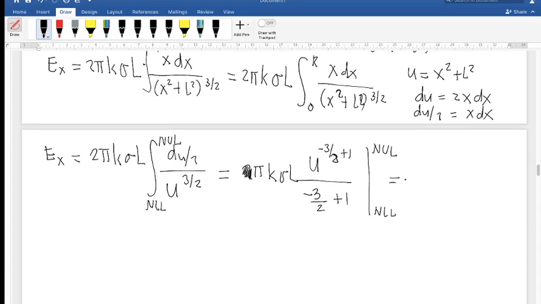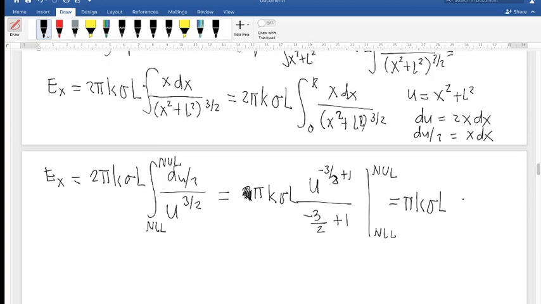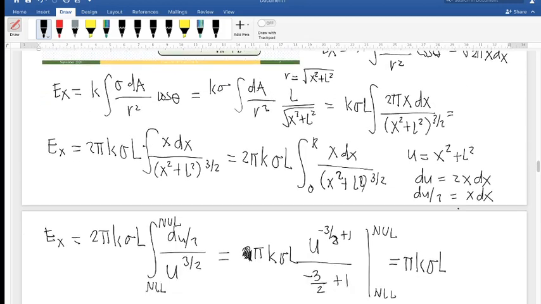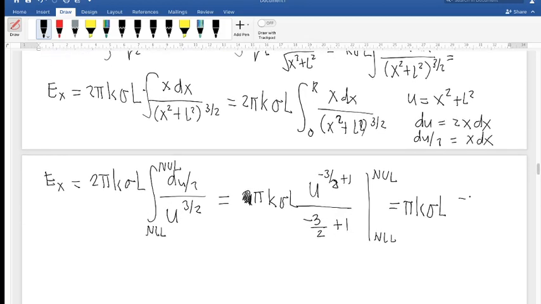So we have here pi k sigma L. Then we have here negative 1/2 here, so that becomes negative 2. So we have here negative 2 square root of, we just have to get the expression of u, that is x squared plus L squared integrated from 0 to r.